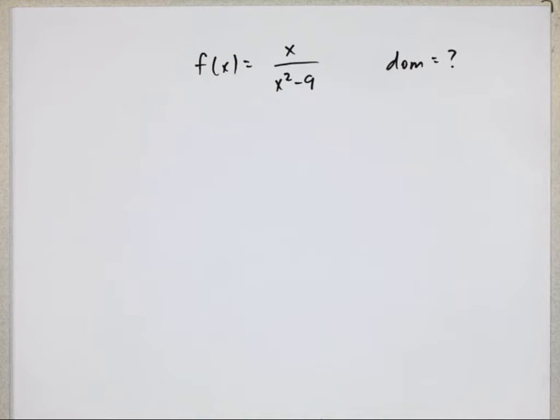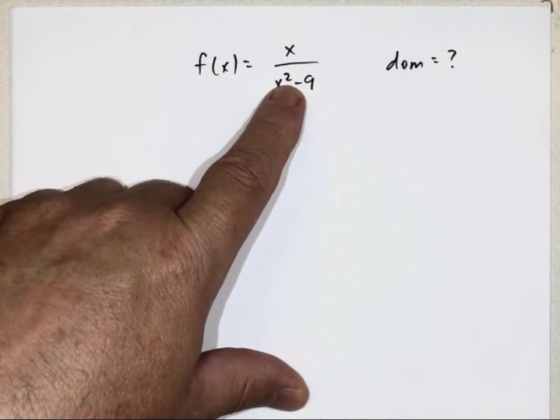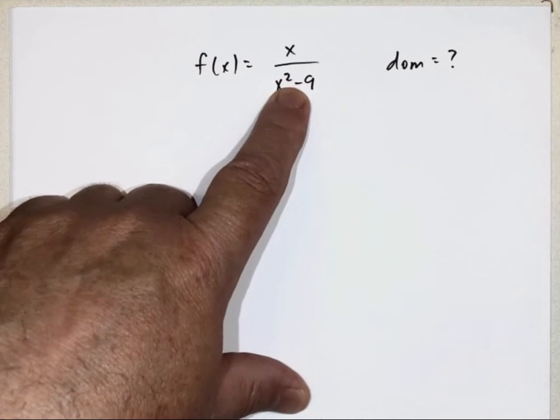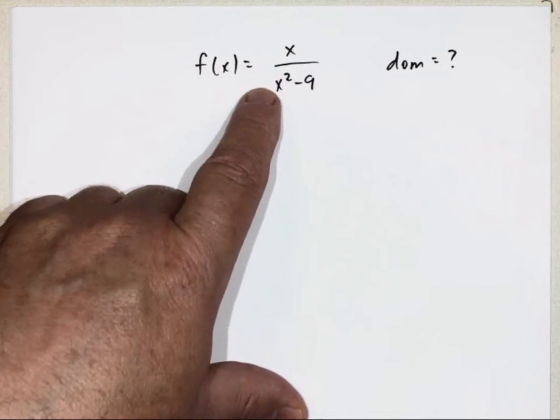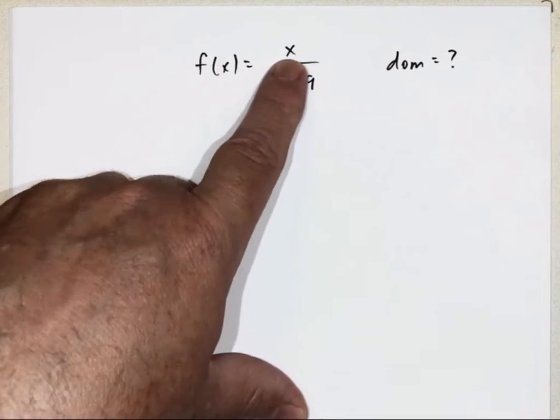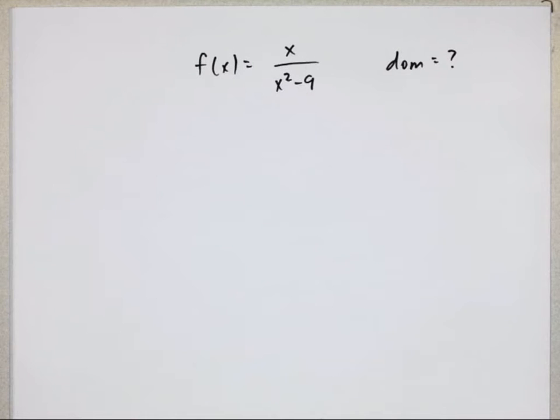In this case, I first look for a variable under the square root. I don't have that. But then I look for a variable in the denominator, and I do have that. So now I realize my domain is going to change. I've got to make sure that this denominator can never equal 0.